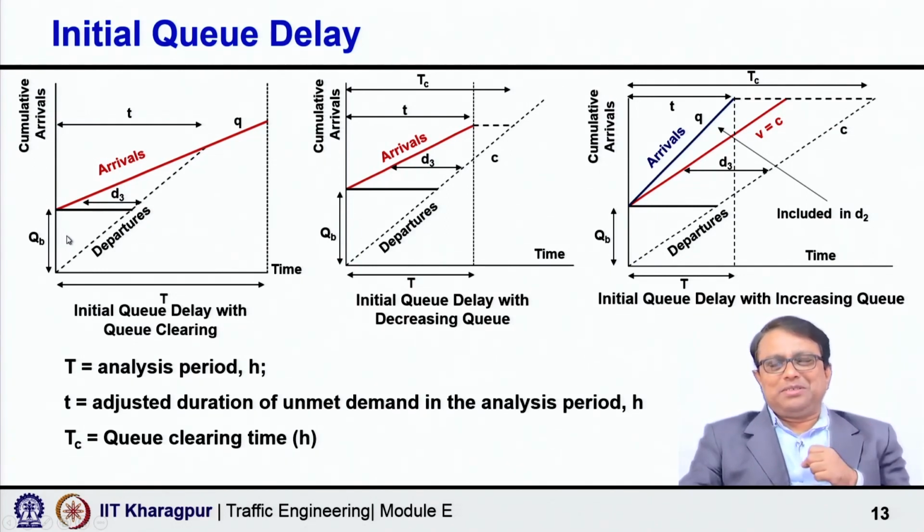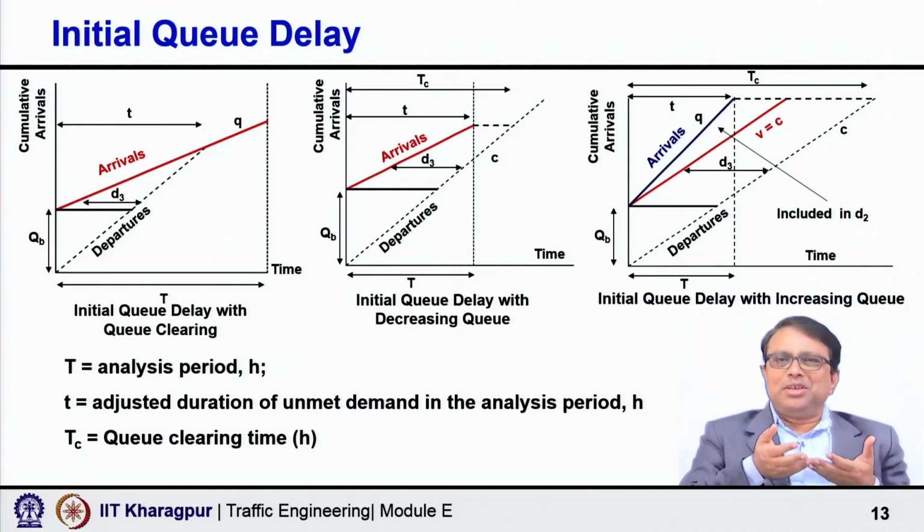You have to take that from the previous analysis period. Although this Q b remains the same in different cases, based on the arrival and the departure there are three possible scenarios, which are shown here.